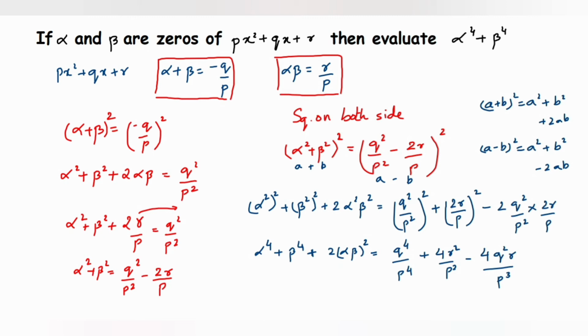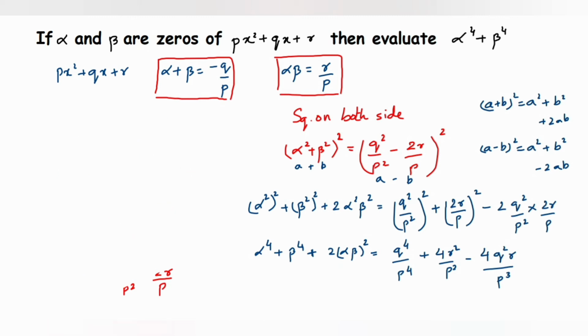So from here we can write down the solution. Here we'll get alpha to the power 4 plus beta to the power 4 plus 2, in place of alpha beta we already got the value, it is r upon p, so we're going to substitute this.